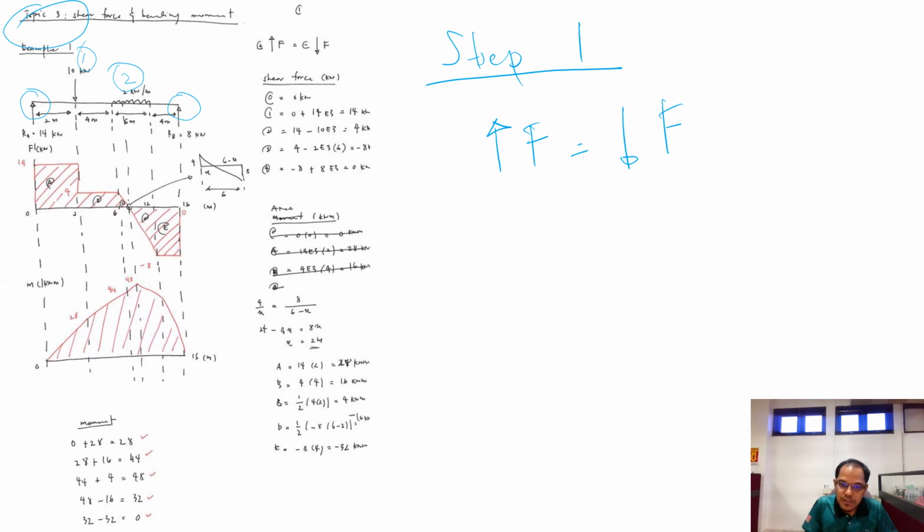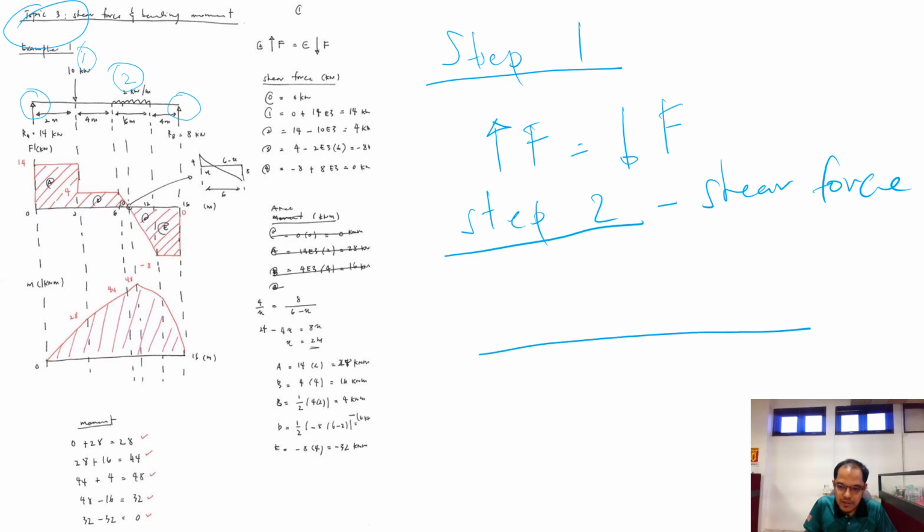So step 2 is we're going to find the shear force. This is quite straightforward, easy peasy. Alright. So it's just simple as you need to draw a horizontal line which is identical to the beam.